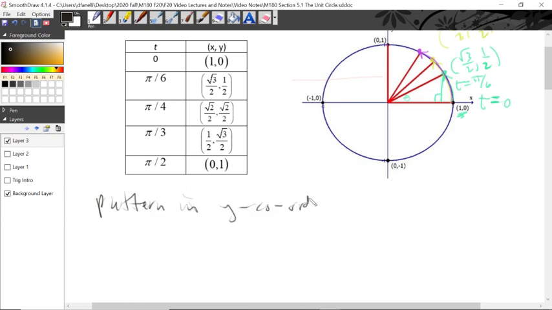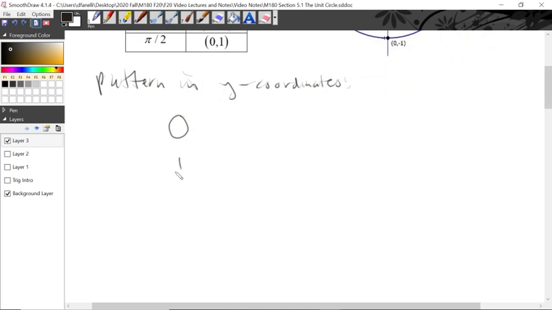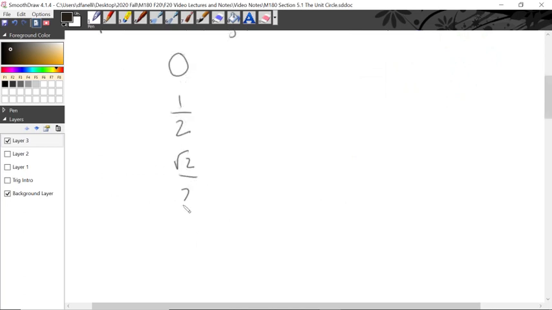The pattern in the x-coordinates is just the reverse order of this. The pattern in the y-coordinates is 0, 1/2, root 2 over 2, root 3 over 2, and 1.